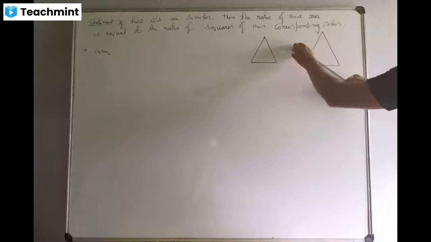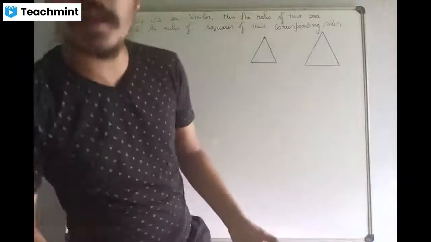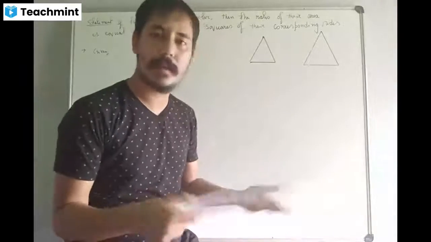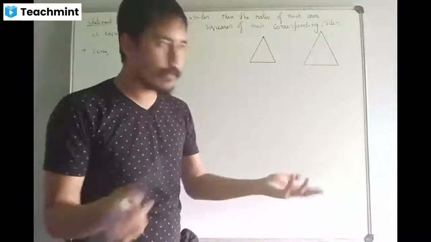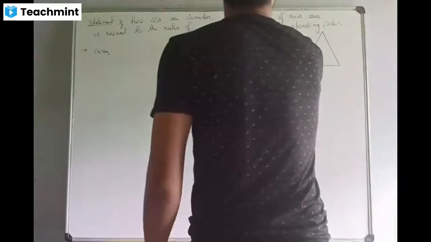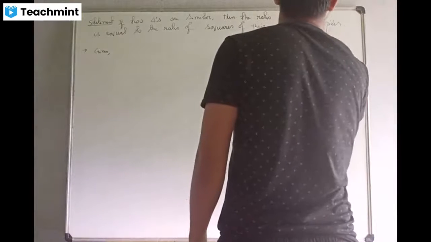So all we have here is two similar. Similar doesn't mean that they are equal in size, okay? Similar means they look alike. They may be of different size, but they look alike. So this is your triangle ABC, let's say, and this is your triangle DEF.